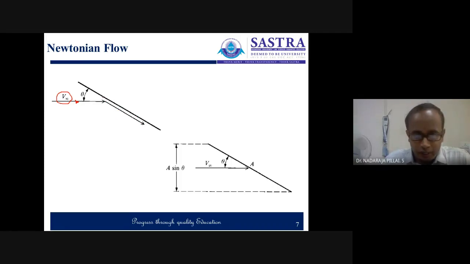This inclination, theta, can be considered as the inclination angle, and V infinity is the free stream velocity. So we can resolve this in x and y, and then proceed further, right? Let us say we need to calculate the change in normal velocity.